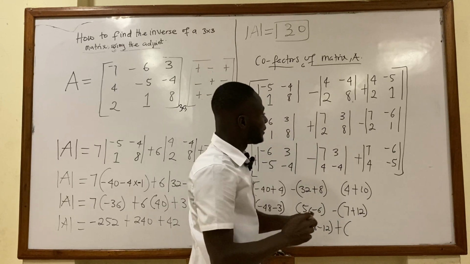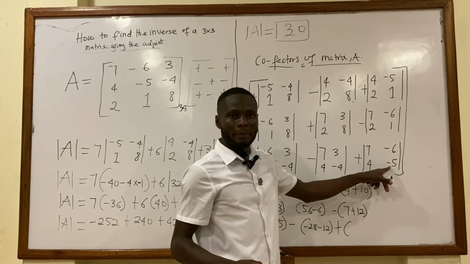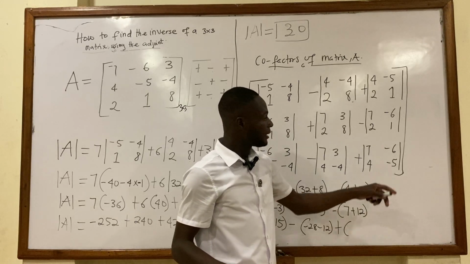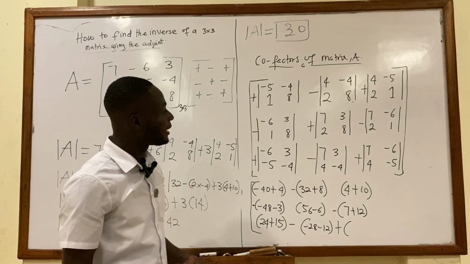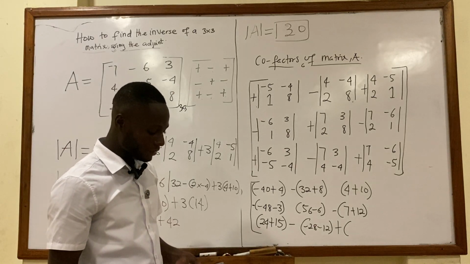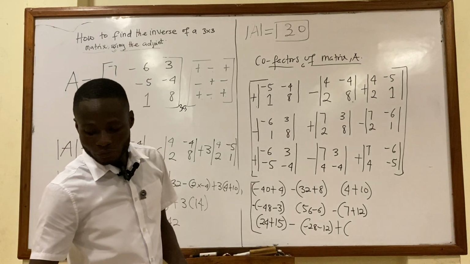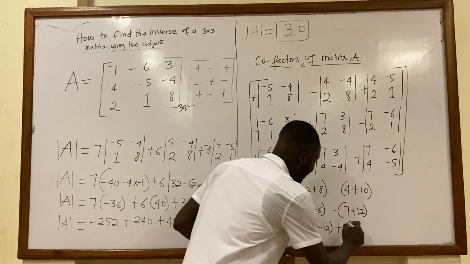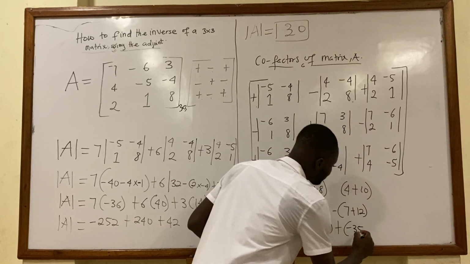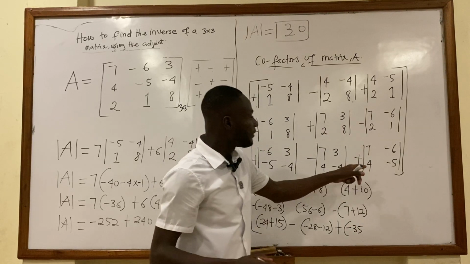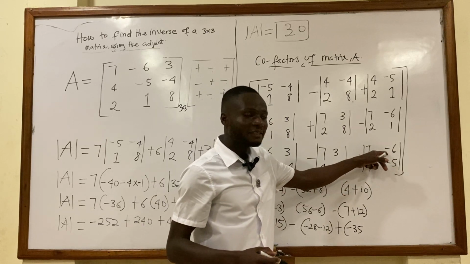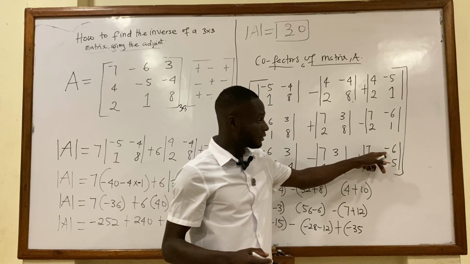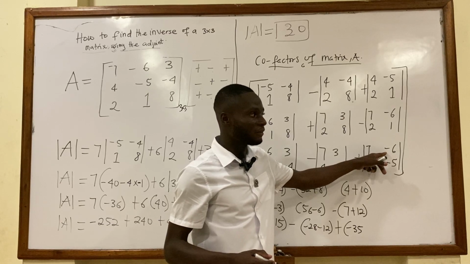Good. So here we have 7 times minus 5, which is 35, but there is a negative attached to the 5, so we are going to have minus 35, right? And then 4 times 6, which is 24, but there is a negative attached to the 6, so we are going to have minus 24.